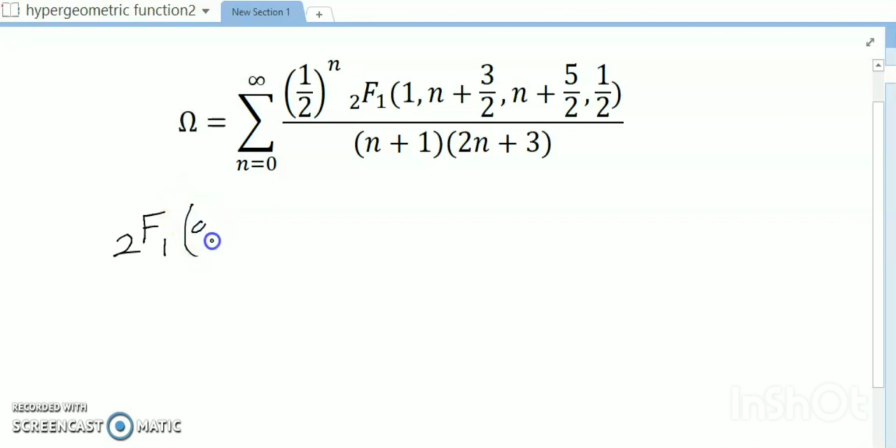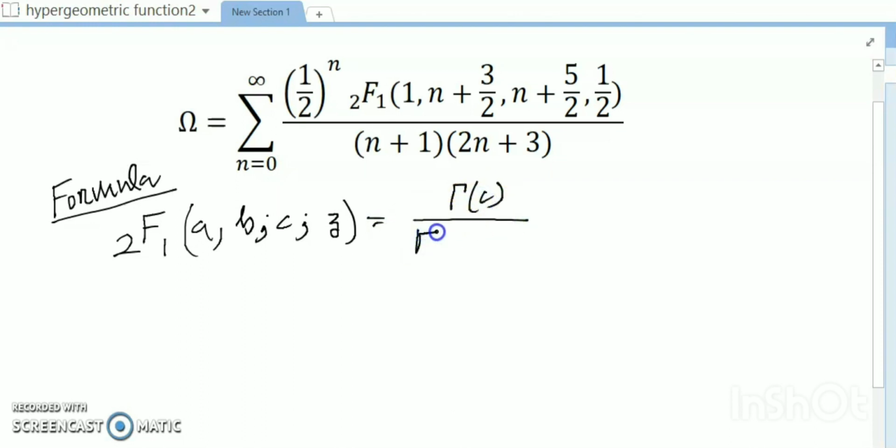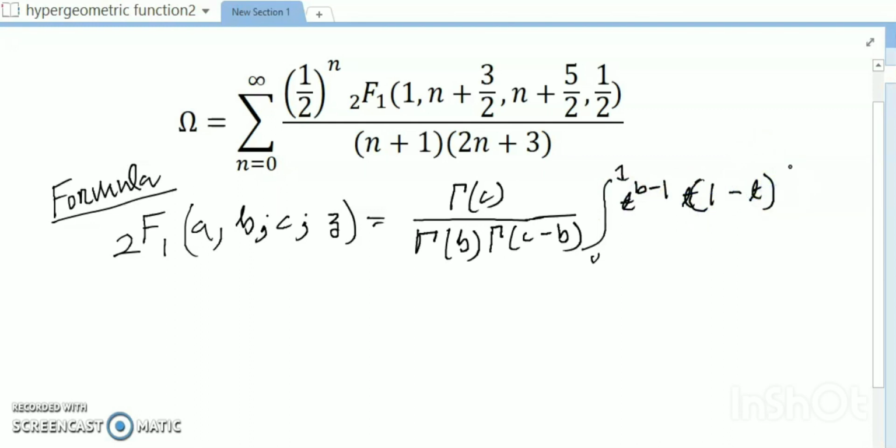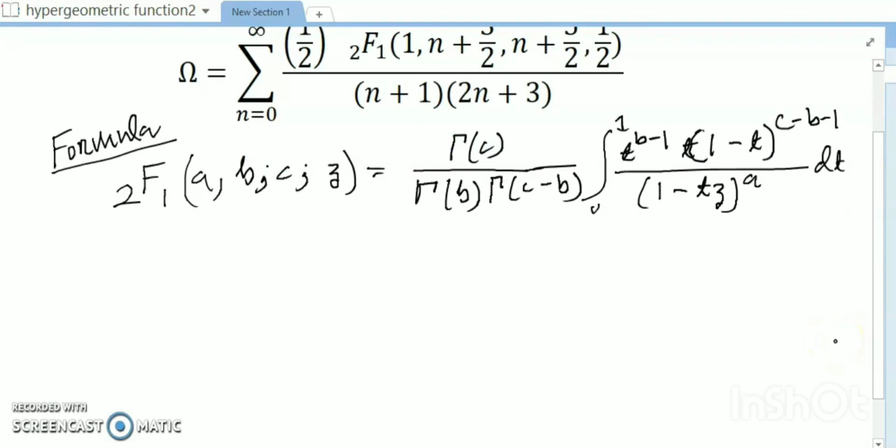I have already written this formula. 2F1 of A, B, C and Z is gamma C divided by gamma B into gamma C minus B, times the integral from 0 to 1 of t to the power B minus 1, (1 minus t) to the power C minus B minus 1, divided by (1 minus zt) to the power A, dt. This is the formula that I will use.